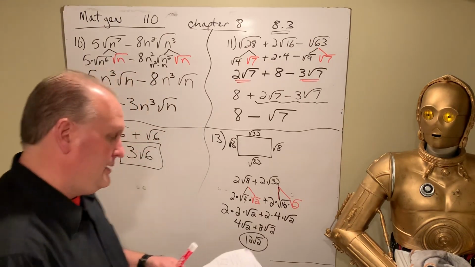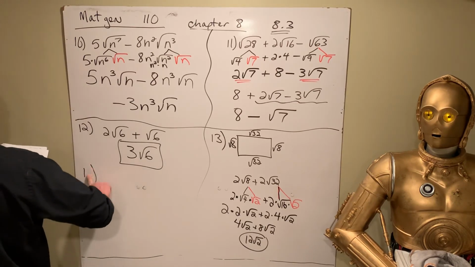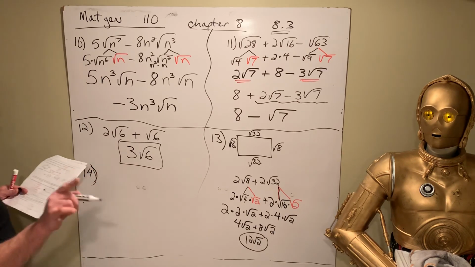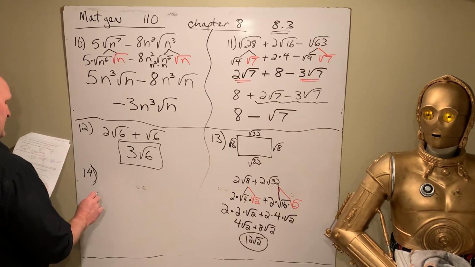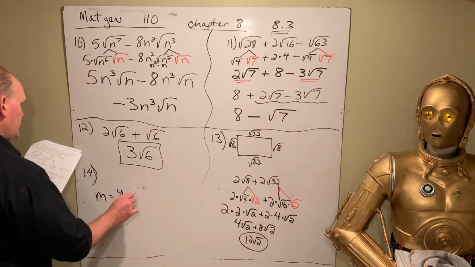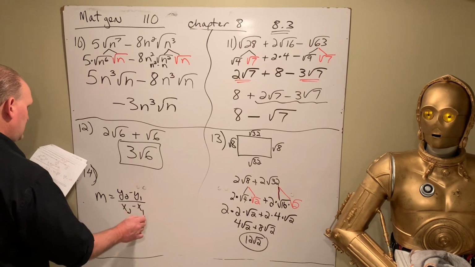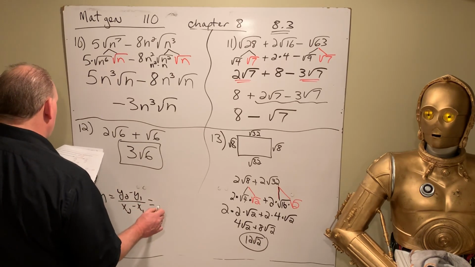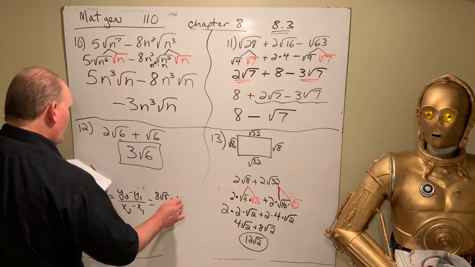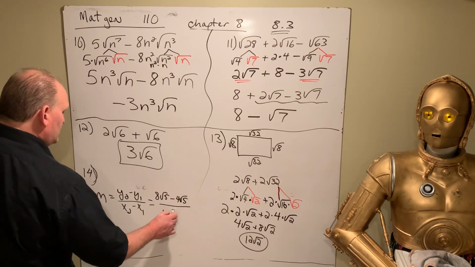All right. And then let's do 14. Oh, I think 14 was on the online, and that's why it's on Connect Math like this. So the slope, remember, is the change in y over the change in x. And so given that point, you do 8 square roots of 5 minus 4 square roots of 5 over 1 minus 3.